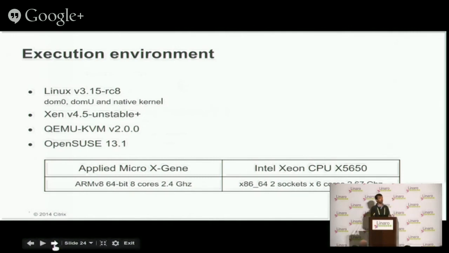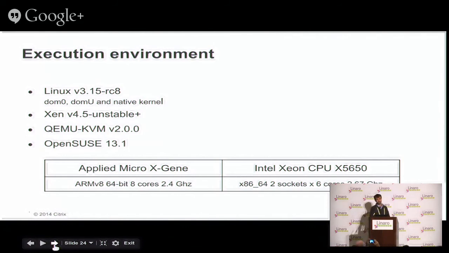So 0 overhead means this benchmark runs just as fast inside your VM as on native. It is the best possible outcome you can have: running it on a VM doesn't slow you down at all. 2% means it's 2% slower. It takes 2% more time to complete the benchmark inside the VM compared to native.